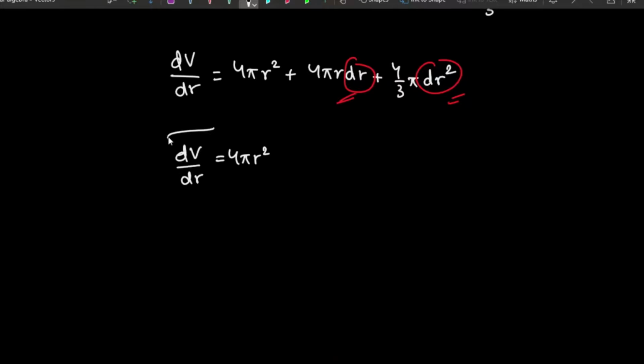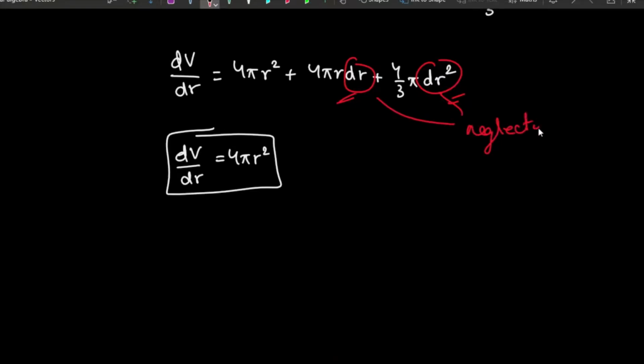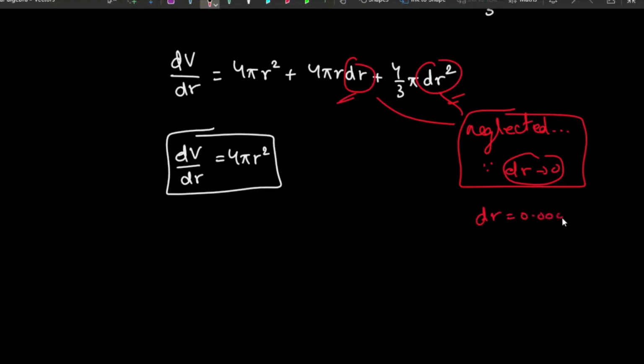Now what I want you to notice again up here is that we neglected these two terms with dr since dr approaches 0. Now why did we do that? Again, as I said, we are trying to find its limiting value as dr approaches 0. Dr can be something like 0.00001 or 0.000000001.